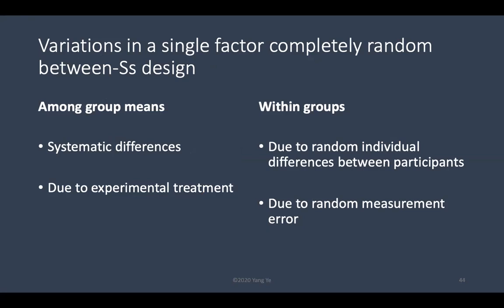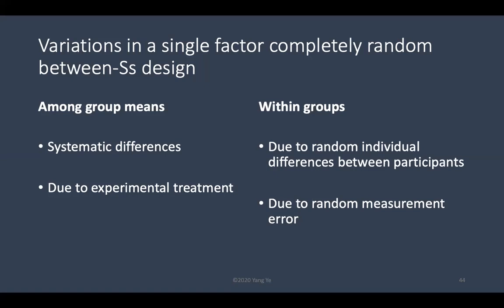In the original medical research, which is what these analyses were developed for, they call it treatment. In our case, treatments are these different interventions. And then there's the variance coming from within groups, due to random individual differences between participants or random measurement error.